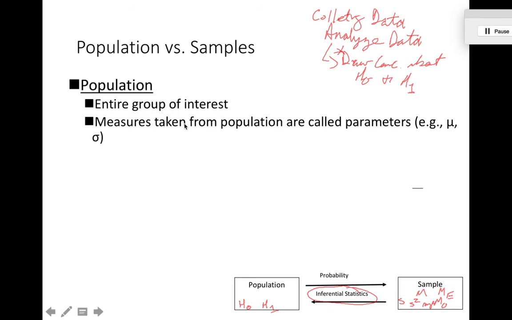So when we think again about the population, we're talking about the entire group of individuals who we have an interest over. For instance, my research studies don't just apply to individuals who came in and participated. I'm using those individuals' data to talk about the population. If we're talking about Spanish-English bilinguals, we're talking about everyone who is a Spanish-English bilingual.